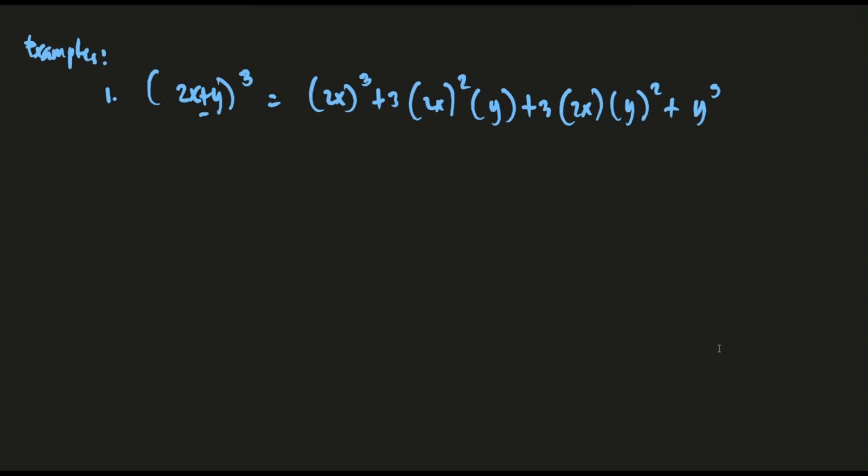Now, simplify the result. The cube of 2x, this will give you 2 cube, that is 2 times 2 times 2, which is 4 times 2, which gives you 8. So you have 8 and then x cubed, right? And then plus, you simplify this term, first you're going to bring down 3.